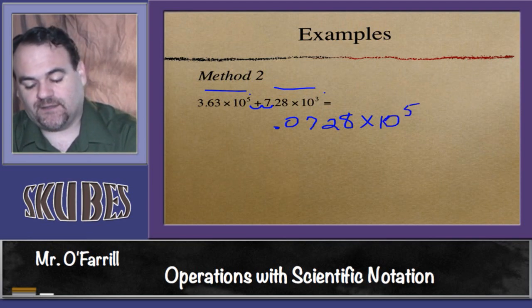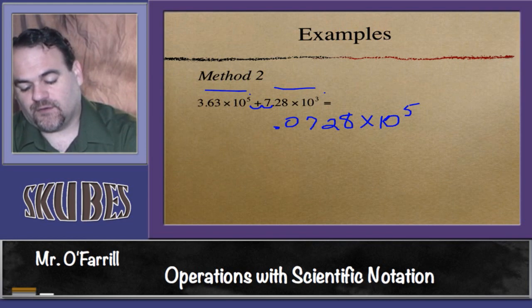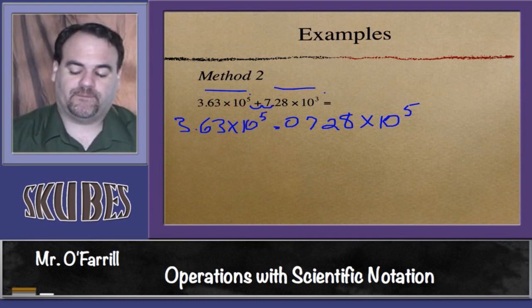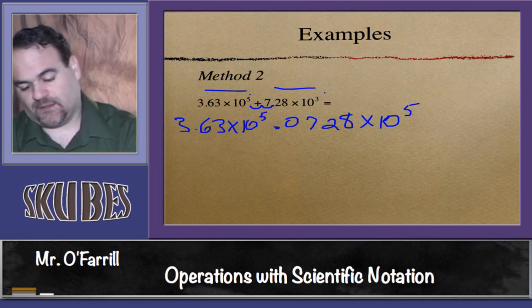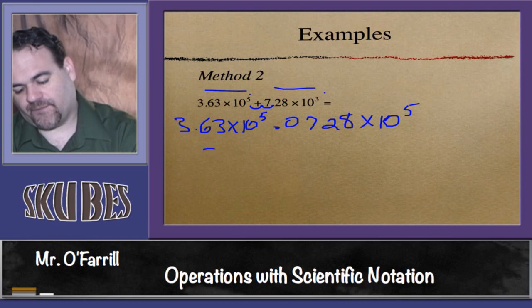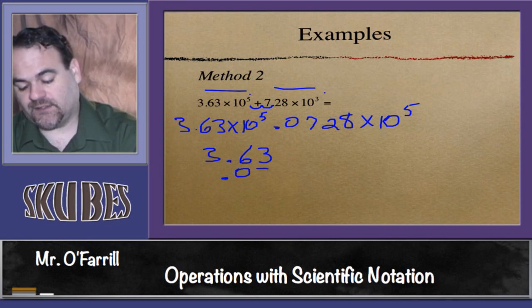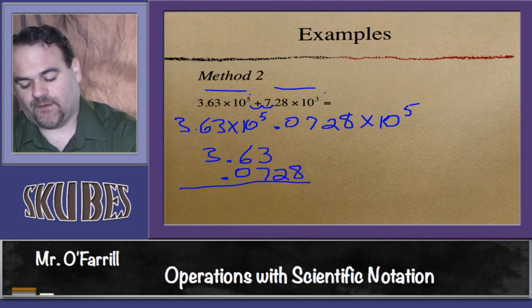And that's being added to 3.63 times 10 to the fifth. We'll stack it vertically, keeping in mind that when you add decimals, you want to make sure that the decimal points are right on top of each other. Bring those down because they don't do anything with anything.